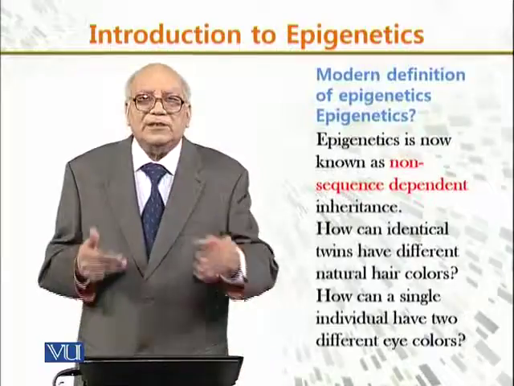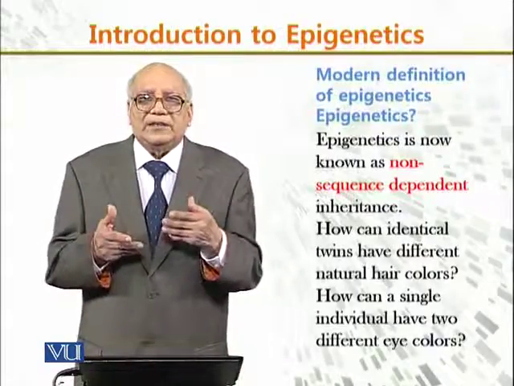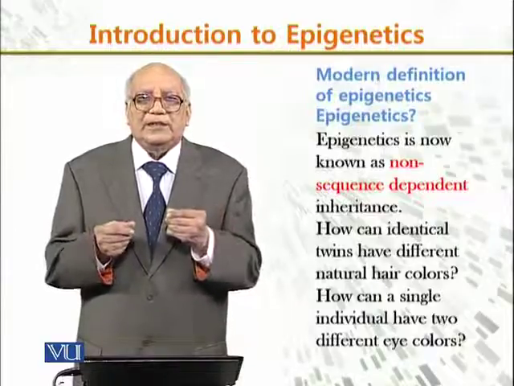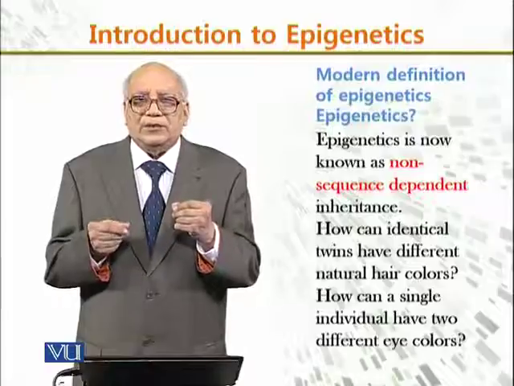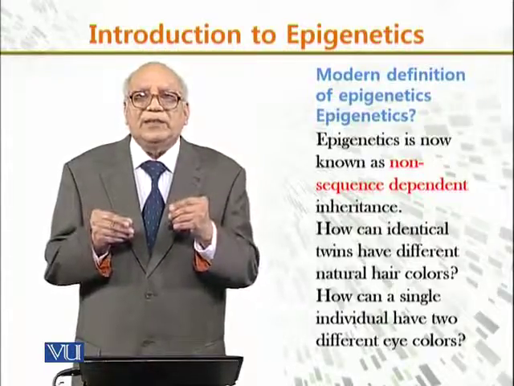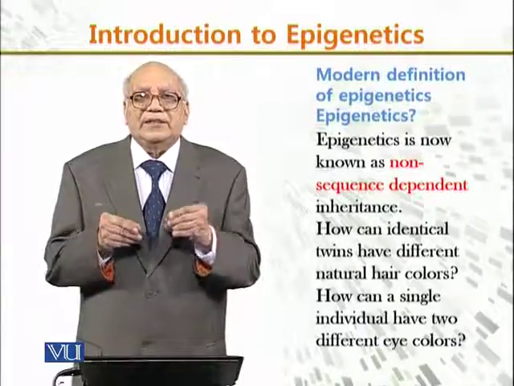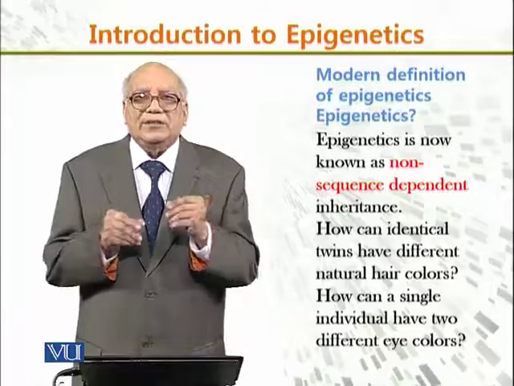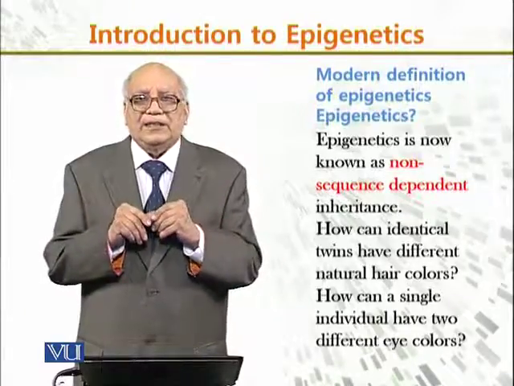This is a very interesting phenomenon. That leads us to the modern definition of epigenetics. Epigenetics is known as non-sequence dependent inheritance, that is, inheritance which is not dependent upon the sequence of the DNA.